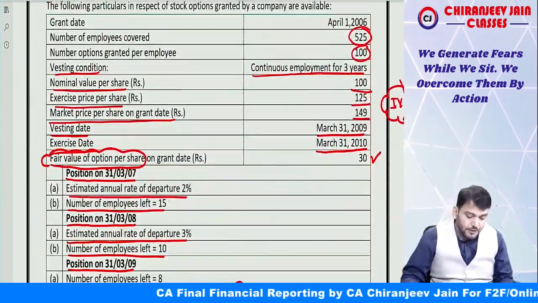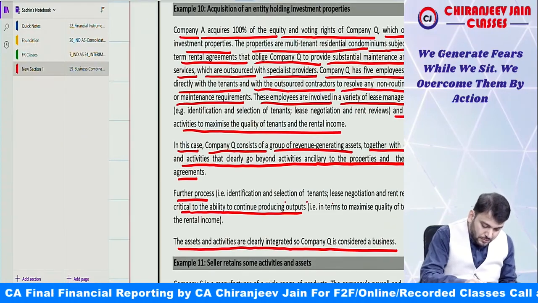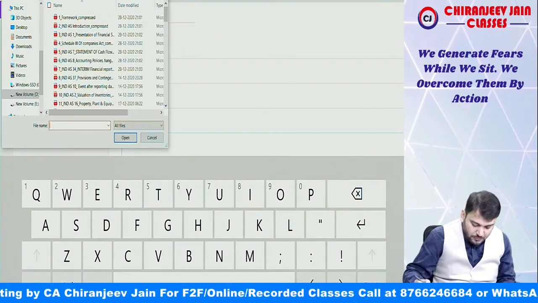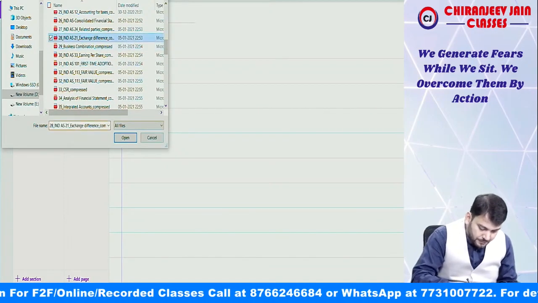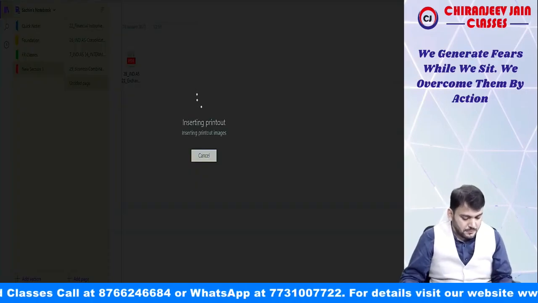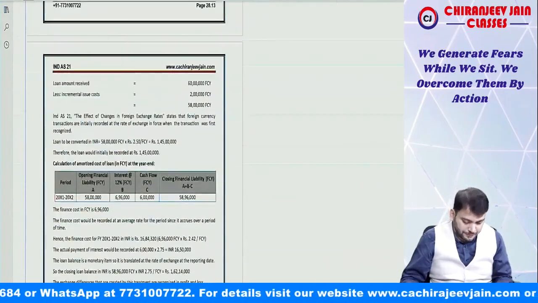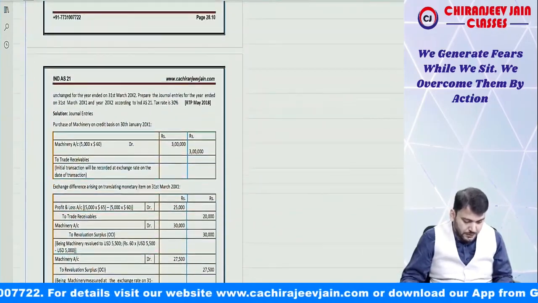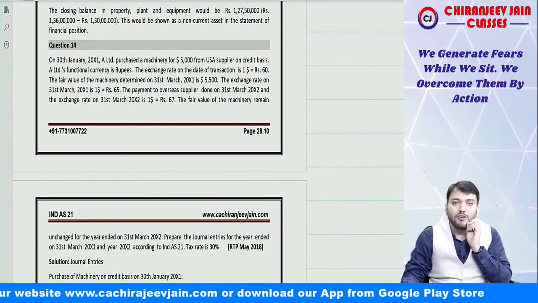Come to question number 14. Initially, the answer given was wrong, but now they have corrected it.